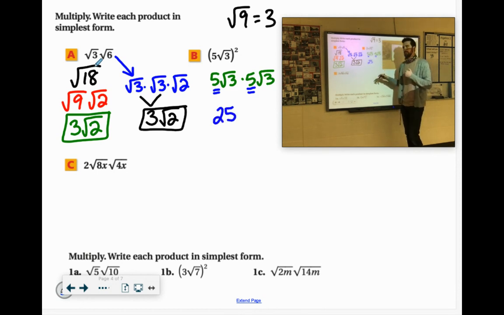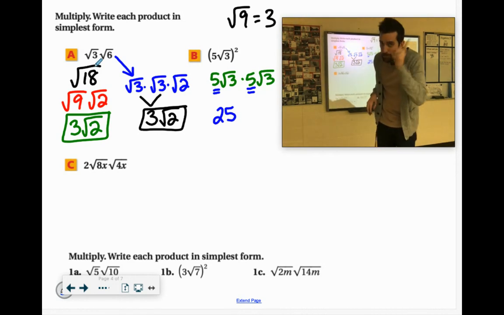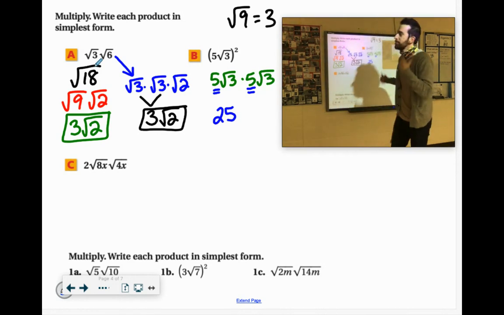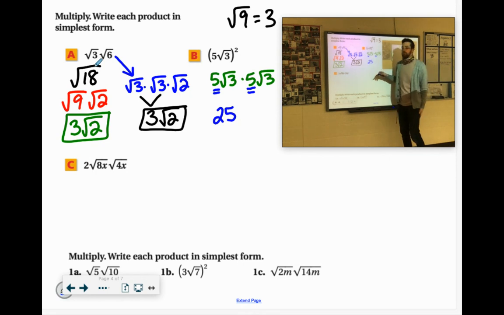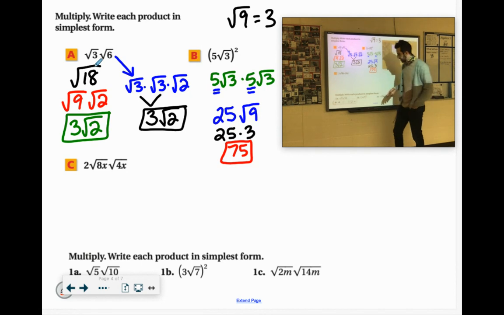And then inside the radical, you can remember the trick I just showed you, where the square root of 3 times the square root of 3 is 3. Or, the official way would be root 9, right? 3 times 3 is 9. The square root of 9 is 3, so you'd have 25 times 3, and 25 times 3 is 75. A couple ways you can get there.